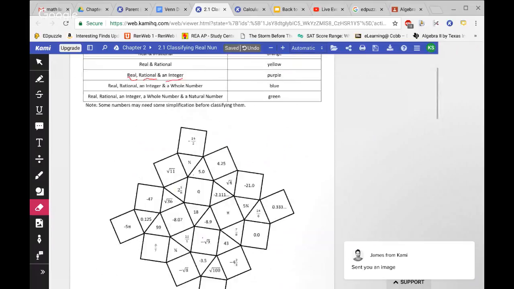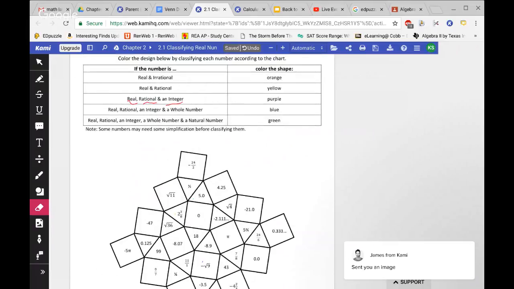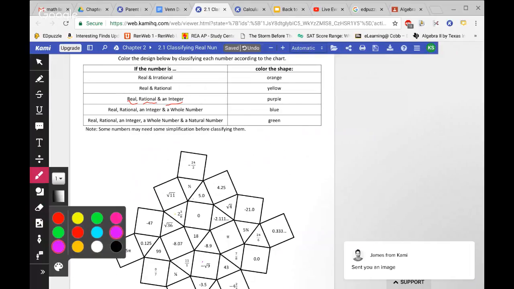I put it yellow, and then I realized that it was also a mixture once I reduced it. So I went back. Now it's brown. And when you first look at it, I can see where you would think that because it's expressed as a fraction.